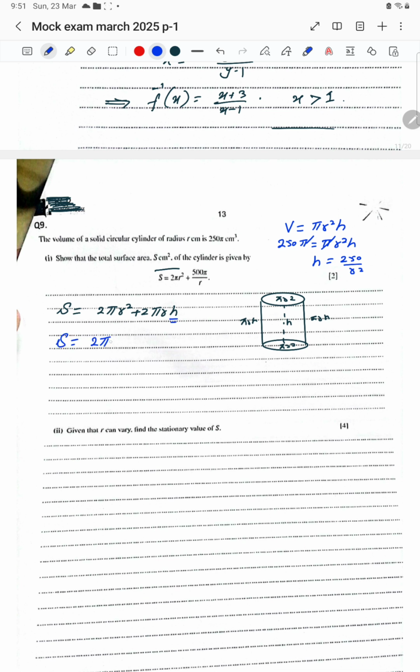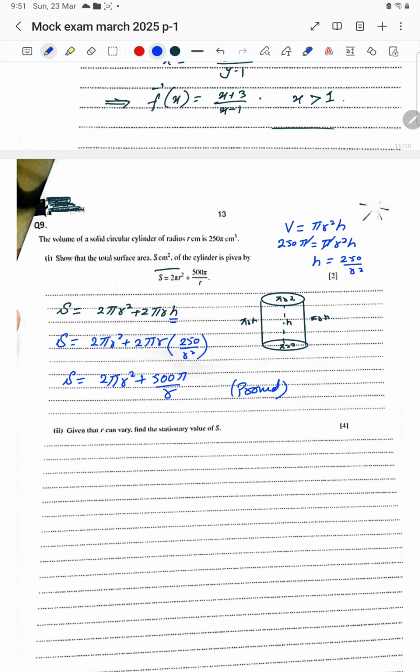We get 2 pi r square plus 2 pi r, and h is 250 by r square. So S will be 2 pi r square plus one r will be cancelled with the denominator. We get 250 times 2 is 500 pi by r. Hence proved. This is so simple, a 2 marks question, as a gift.